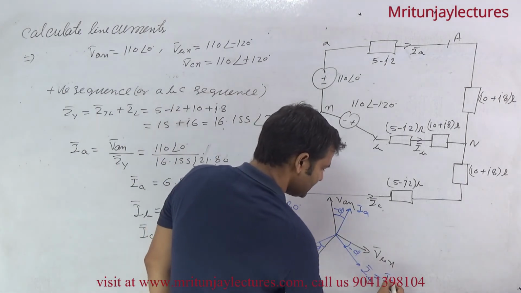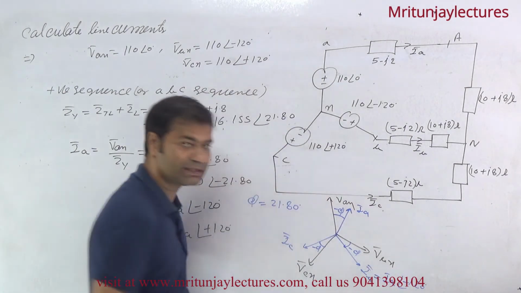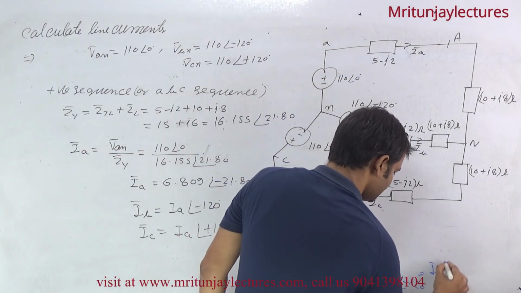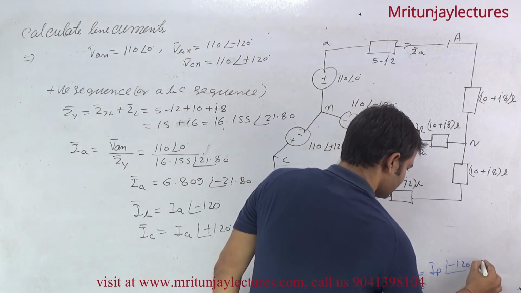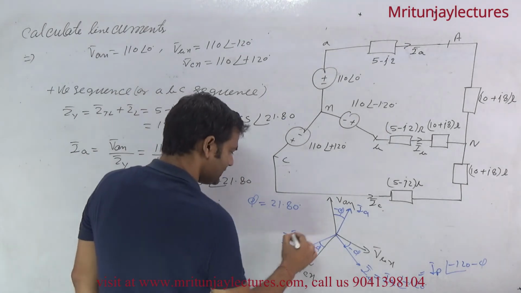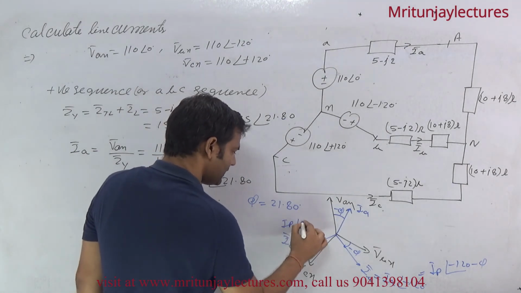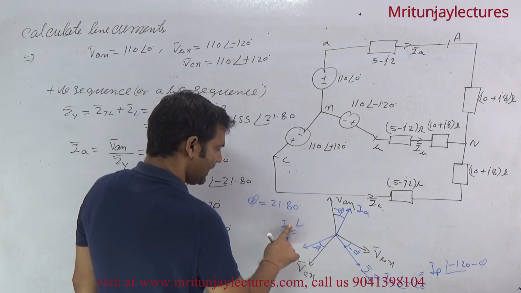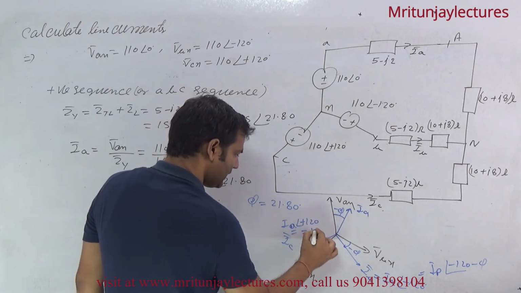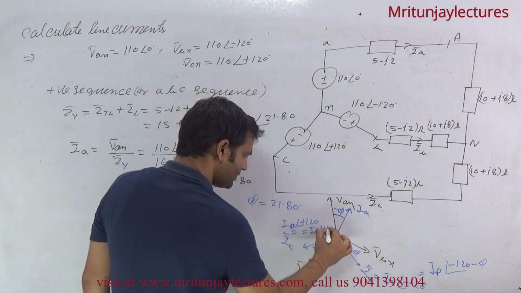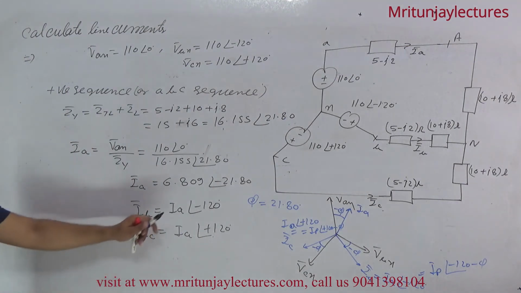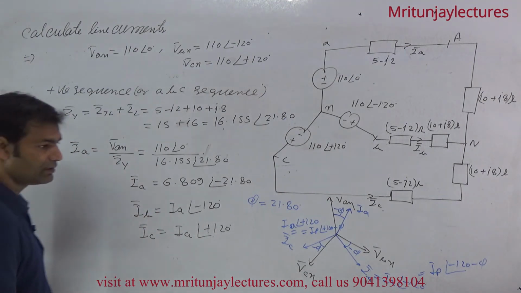You can say IB is IA at the angle minus 120, or IP at the angle minus 120 minus 21.80, and IC is also written as IA at the angle plus 120, or IP at the angle plus 120 minus 21.80. Clear?